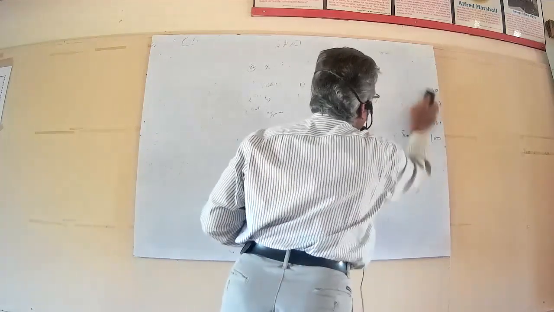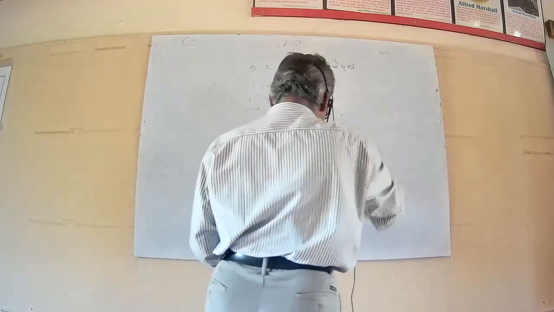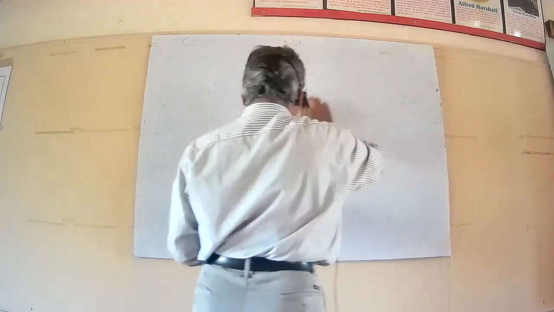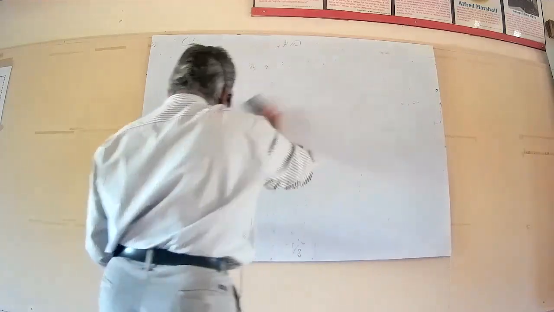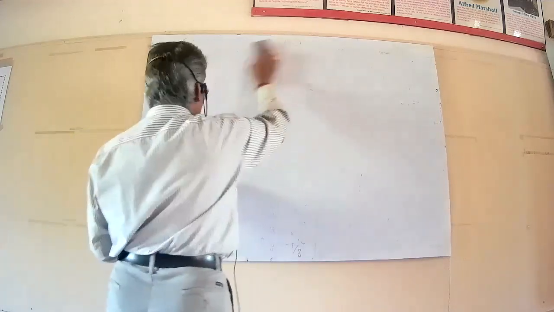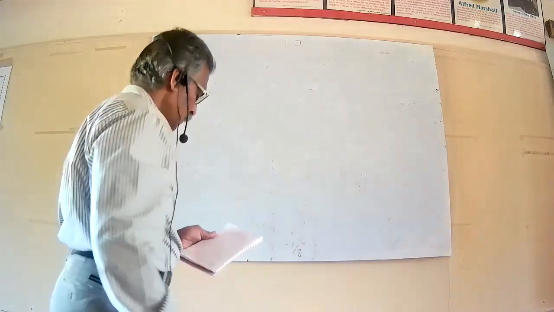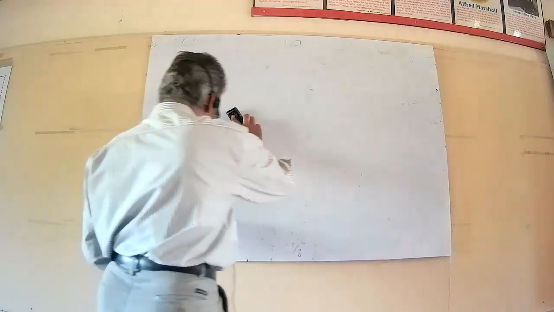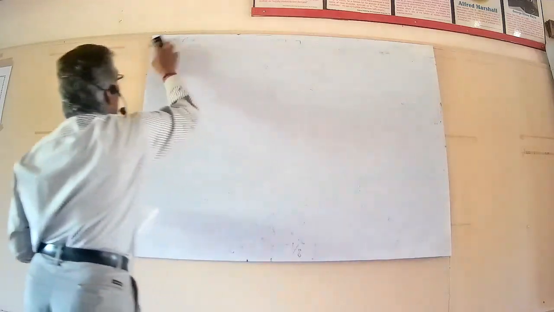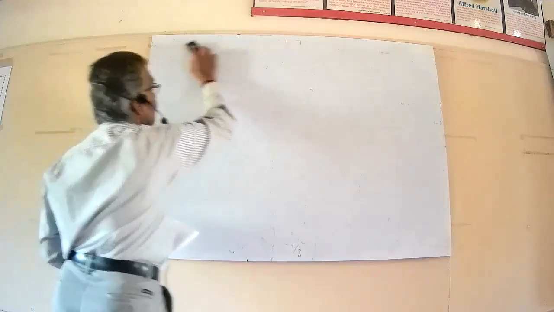Now question number 1. I will read slowly, you can take it down. Find the compound interest on rupees 500 at 4% per annum for 5 years.